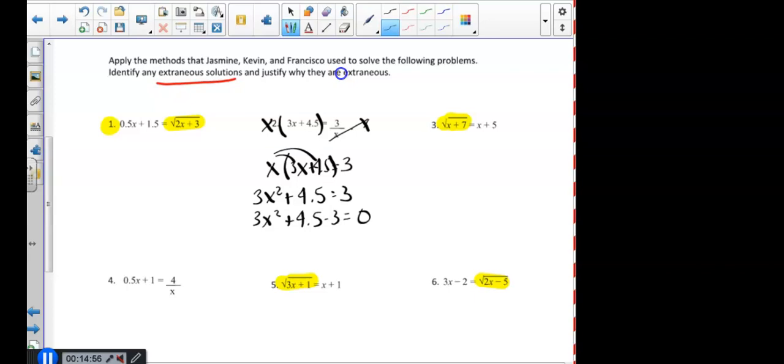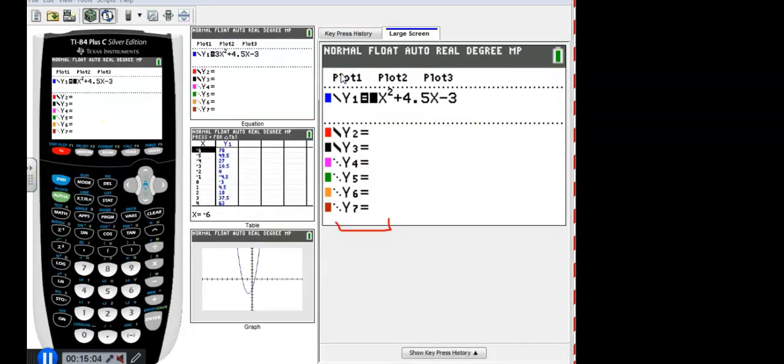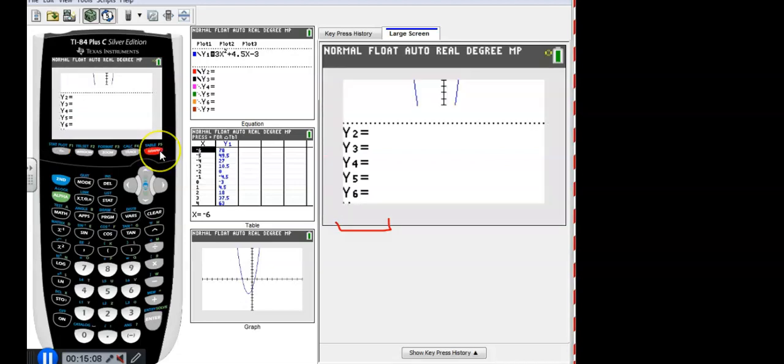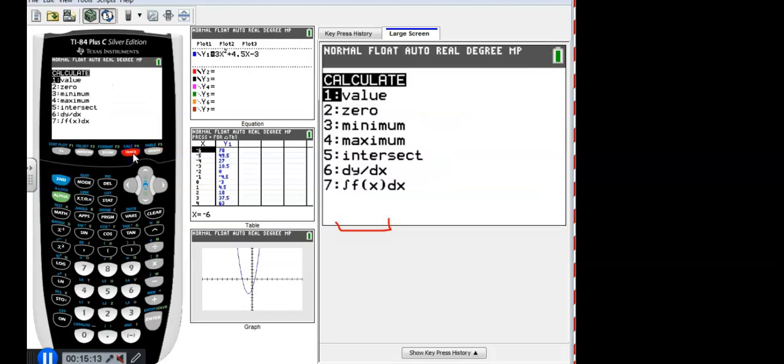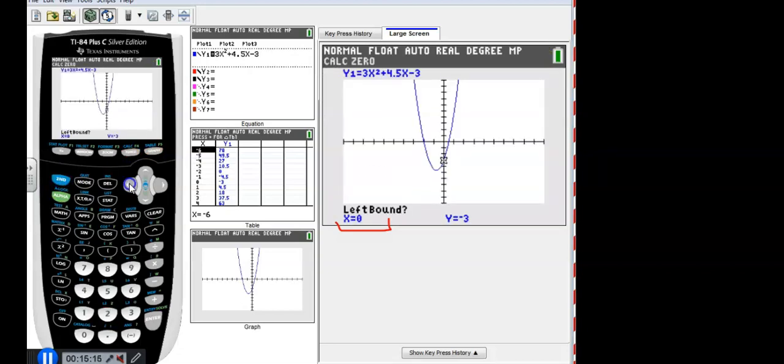So now let's work with Francisco's method. Now that we have the quadratic equation, let's graph it and see what our x values are. So in our y equals, I typed in 3x squared plus 4.5x minus 3. I hit graph, and I'm going to use my 0 function, second trace number 2, to find the x-intercepts. So my first x-intercept here is the x value of -2.